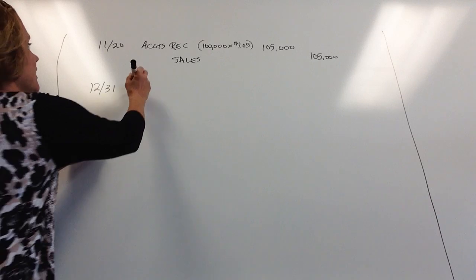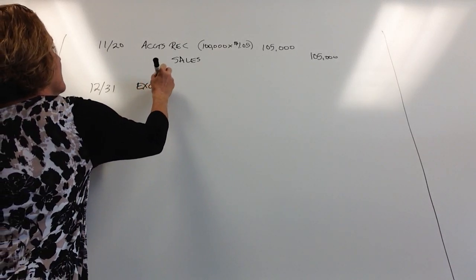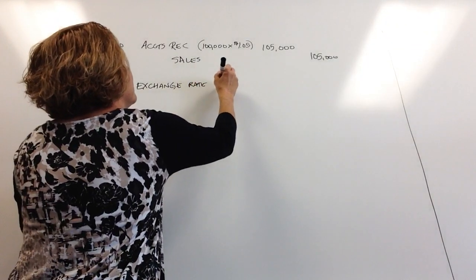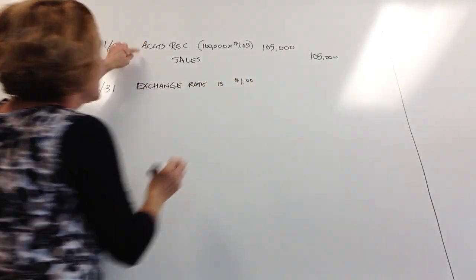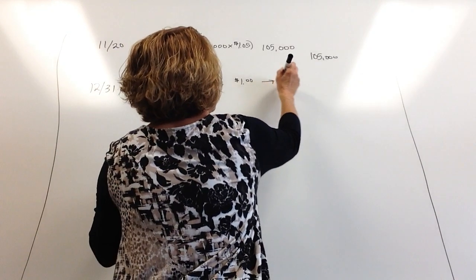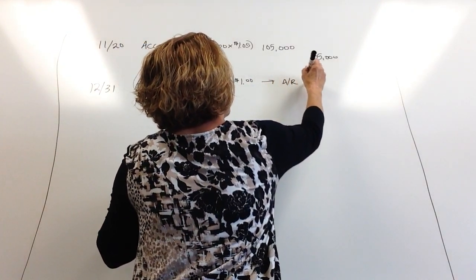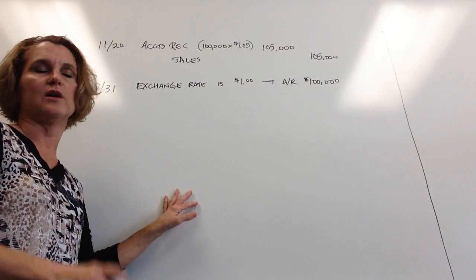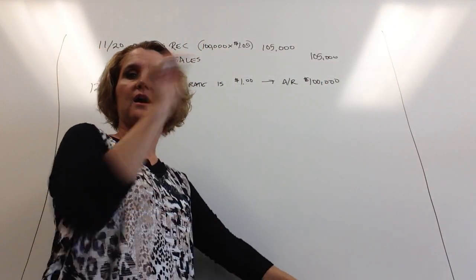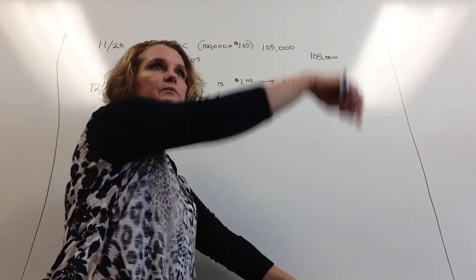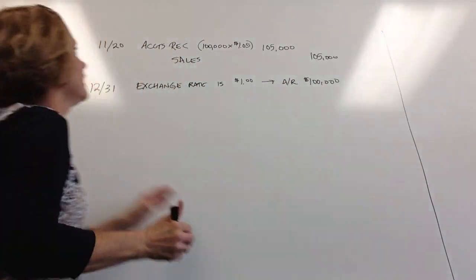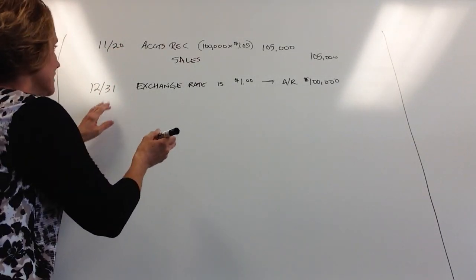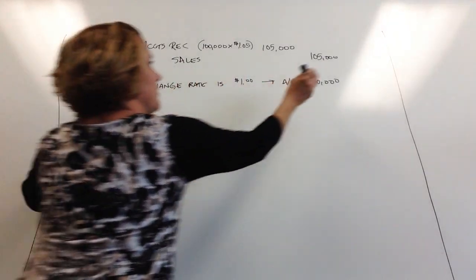So if my exchange rate is $1, then my accounts receivable balance should only be $100,000, right? It shouldn't be $105,000 anymore, because if they send me $1 of Swiss francs and it goes to my bank, the bank's just going to give me $1. So my accounts receivable needs to go down by $5,000.